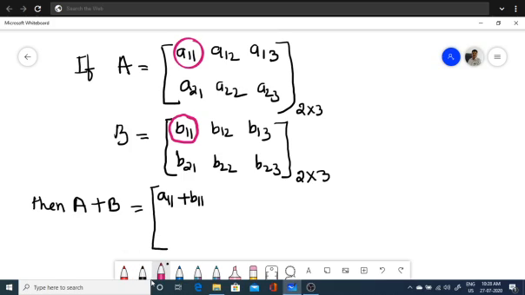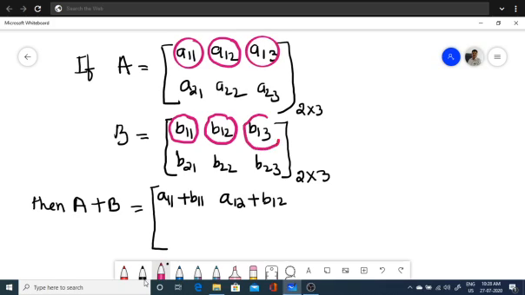Similarly, the corresponding element of A12 is B12. So by taking that, adding those elements A12 plus B12. And similarly, the corresponding element of A13 is B13. So therefore, we can write that A13 plus B13.